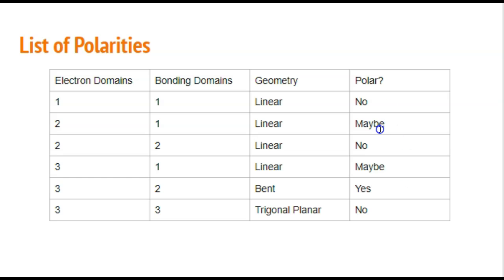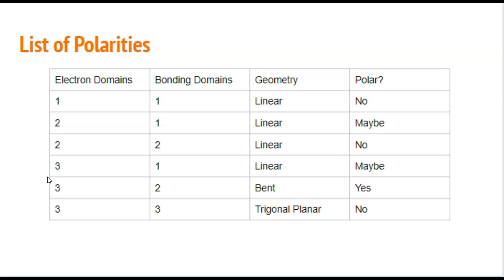We will address these maybes in a minute. You'll see that the maybes happen whenever you have 1 bonding domain and however many electron domains. And all the linears may be polar or not. This is what you have when you have 1, 2, or 3 electron domains.